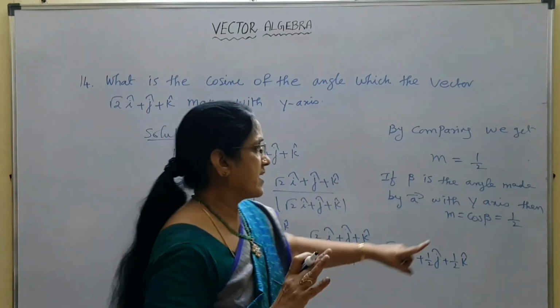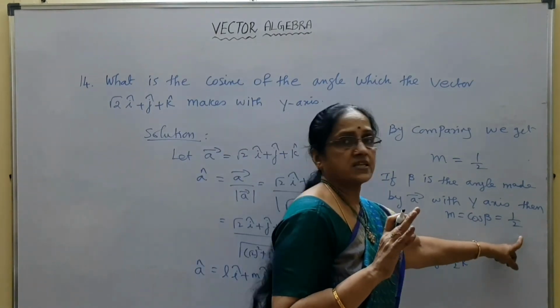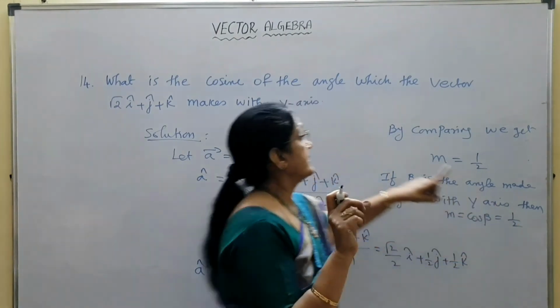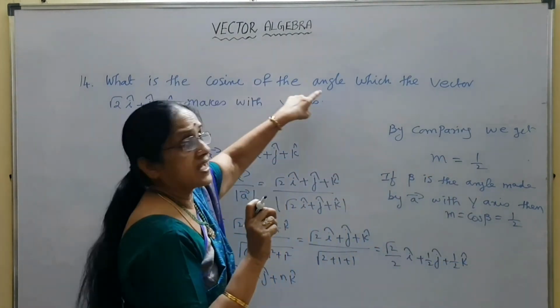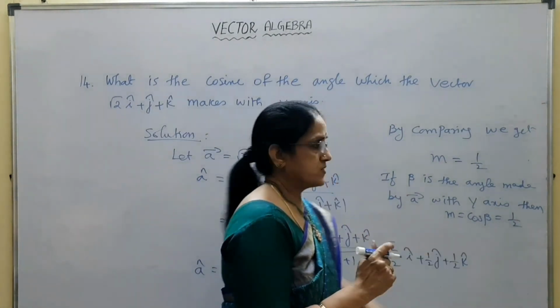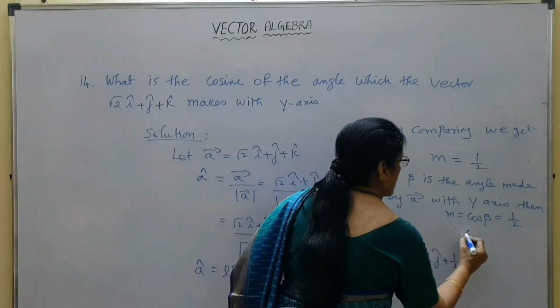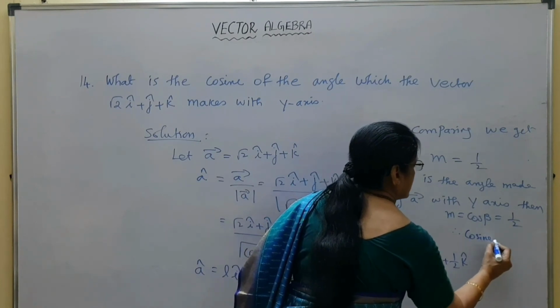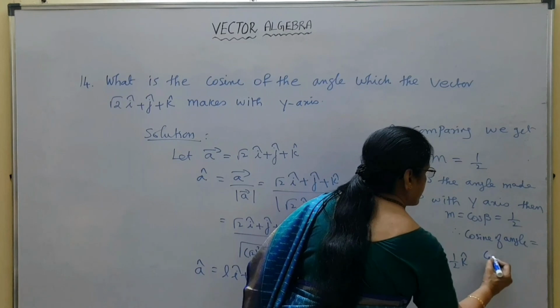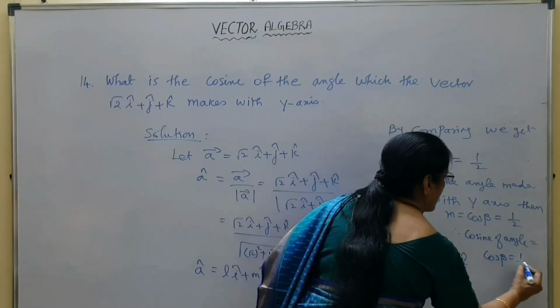Here I should not write beta is equal to cos inverse 1 by 2. They didn't ask the angle. Here they only asked cosine of the angle. So I should leave it with cos beta. So therefore, cosine of the angle is equal to cos beta is equal to 1 by 2.